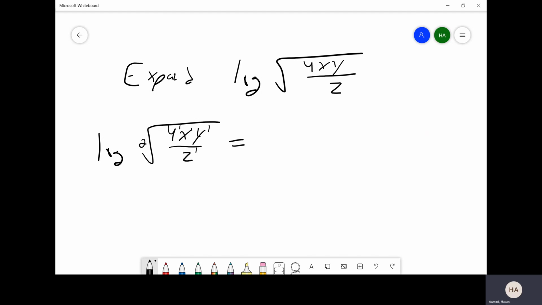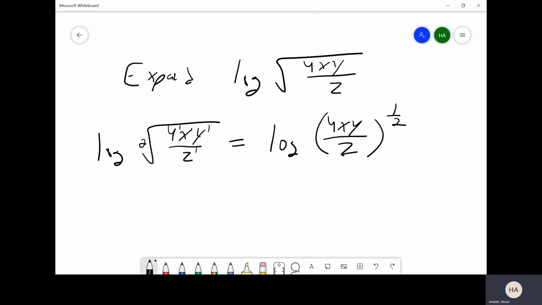So we can say, okay, well, this is the same thing as log of 4xy over z, and this is all to the 1/2 power. Remember, they're all to the first power, so we know that our numerator of the exponent is 1, and the root is a square root, which tells us our denominator is 2, right?